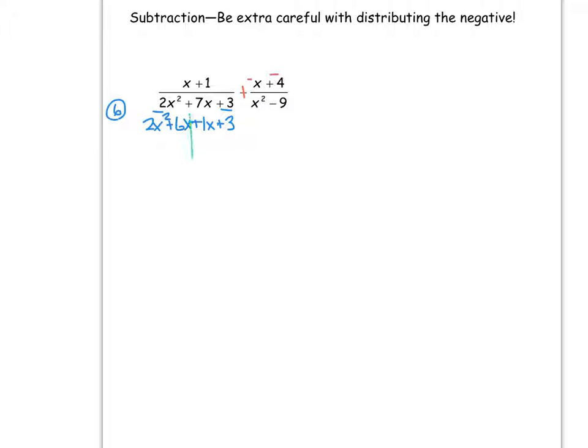And then we're going to split it down the middle and take out our common factors since we're doing AC method. So we'll take out 2x, which will leave us x plus 3. And then on the other side, I already have x plus 3, so I'm just going to say I take out a 1. So the factors of the first fraction are 2x plus 1 and x plus 3.